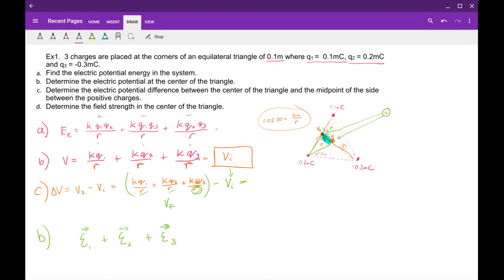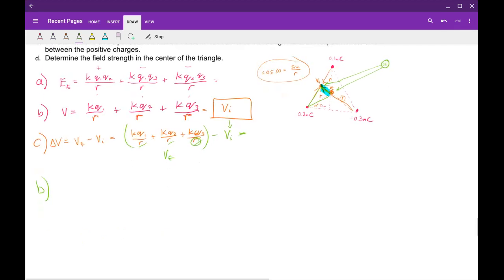Well, no, I think I can do it. I've got 5 minutes and a meeting with somebody. Let me see if I can do this. So how do I determine my field strength? Field strength total is field strength 1 plus field strength 2 plus field strength 3.